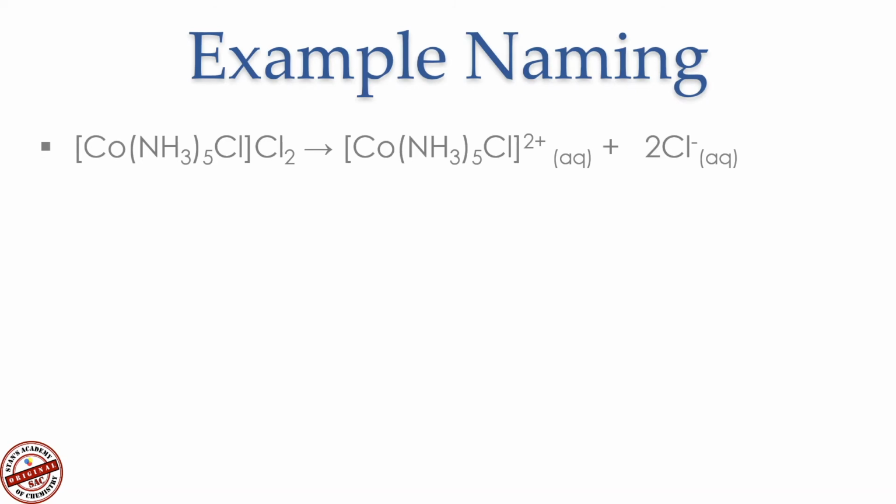So here is an example for you. We're just going to apply the rules that we have. If you ionize this complex compound, it gives you [Co(NH3)5Cl] with a charge of 2 plus, and 2 chloride ions. So this complex part is positively charged. That's very important.